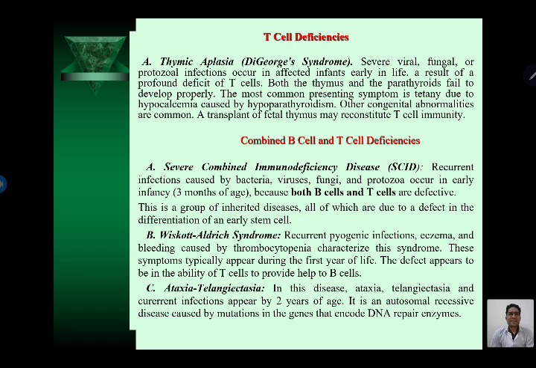The T cell deficiencies: thymic aplasia, the DiGeorge syndrome. Severe viral, fungal and protozoal infections occur in affected infants early in life as a result of a profound deficiency of T cells, as both the thymus and parathyroid fail to develop properly.